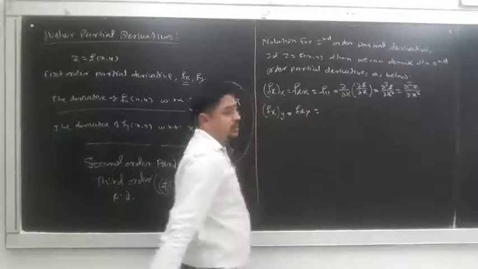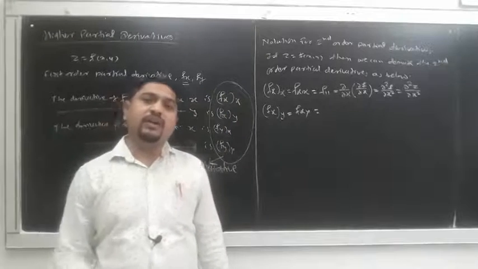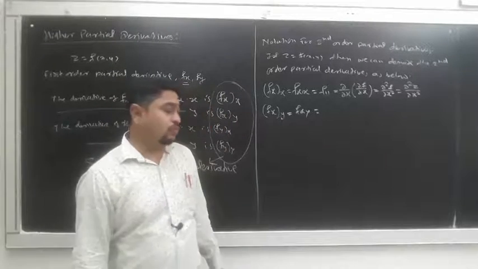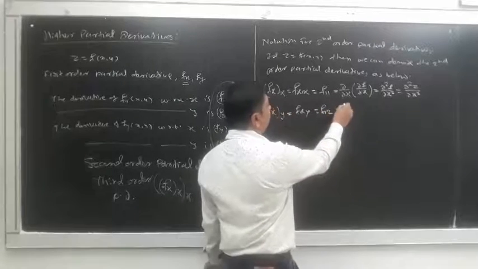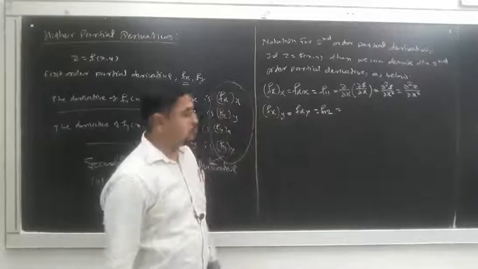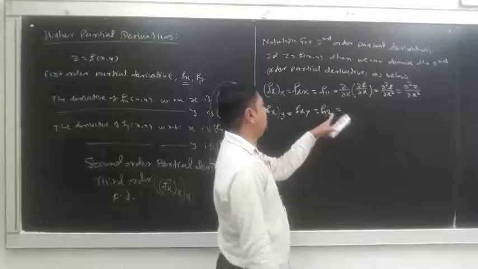fxy. fx is denoted by f1, fy denoted by f2. So it should be f12. For x it is 1, for y it is 2.